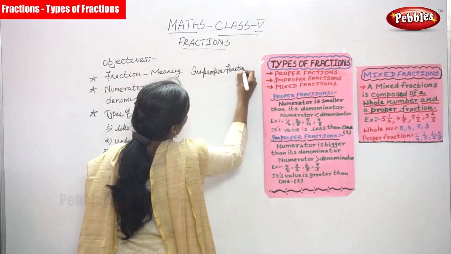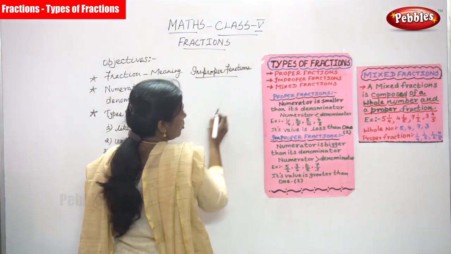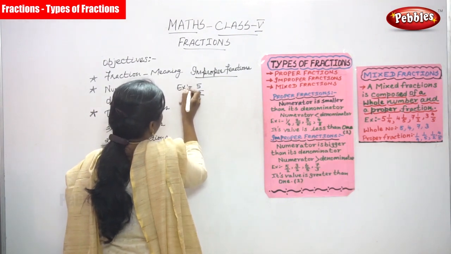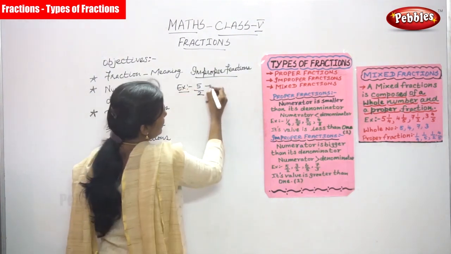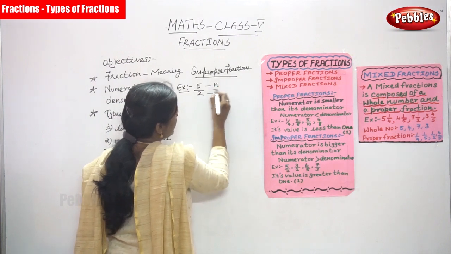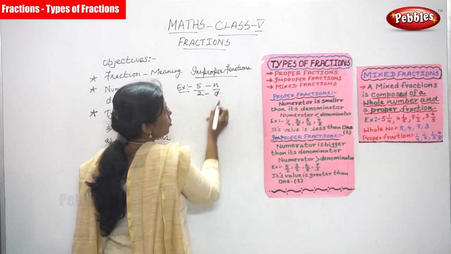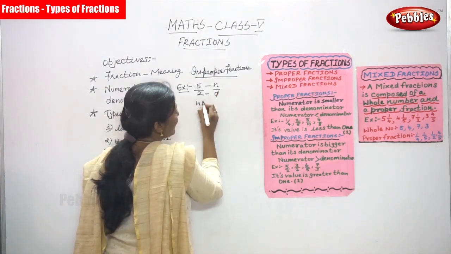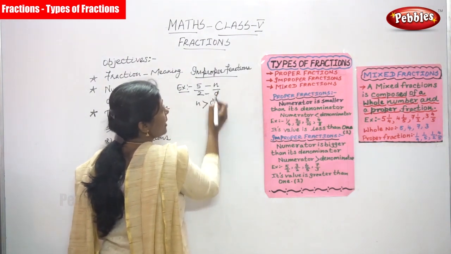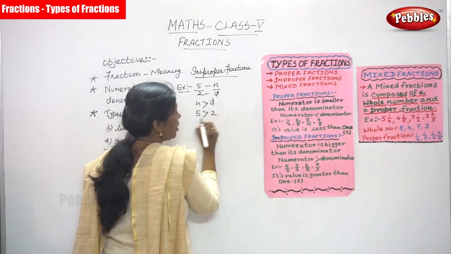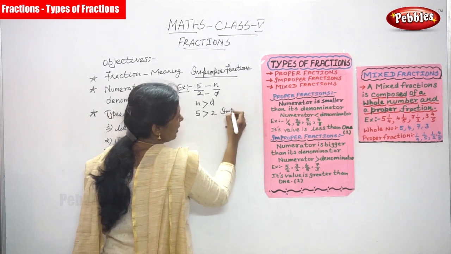So this is improper fractions. Example is 5 by 2. Look at the number, this is the numerator and this is the denominator. Numerator is greater than the denominator, so it is an improper fraction. That is, 5 is greater than 2. So it is a what fraction?